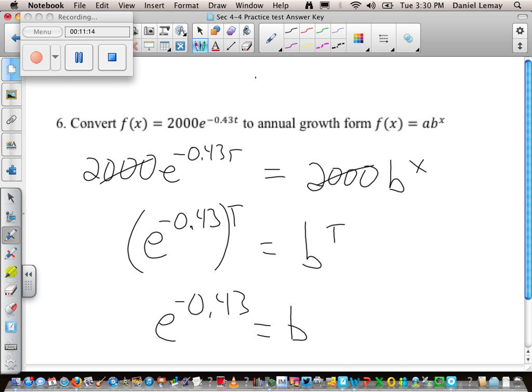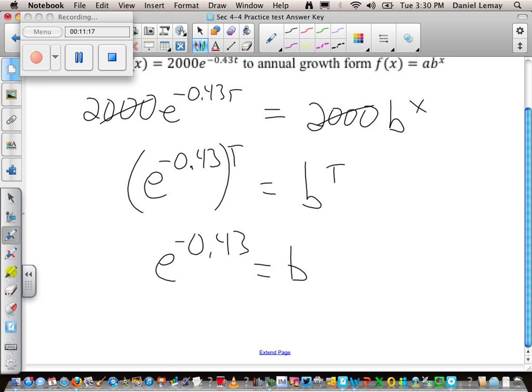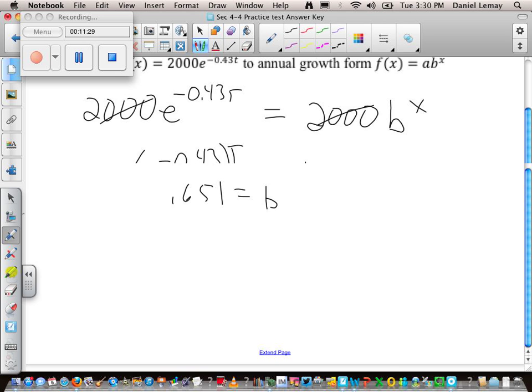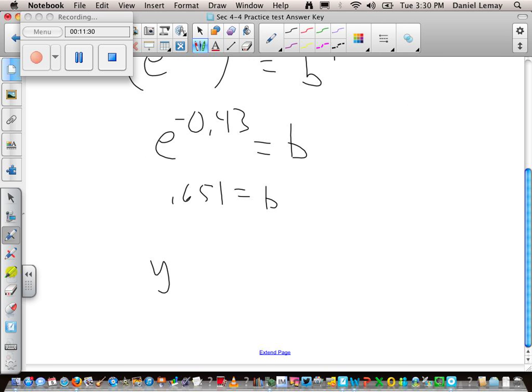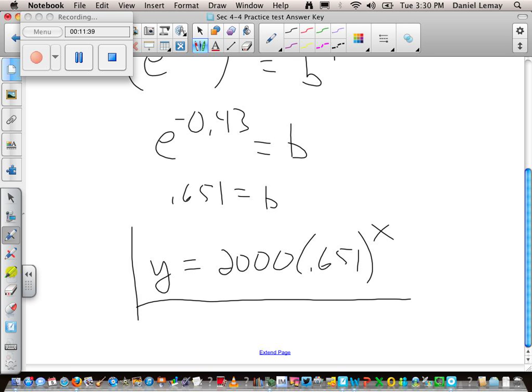For this problem, we're just going to raise e to the negative 0.43 power. When I did this earlier, I got 0.651 for b. So to write the equation, y equals 2000 times 0.651 to the x would be the annual growth form.